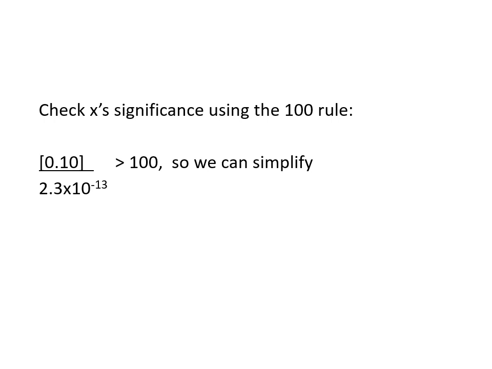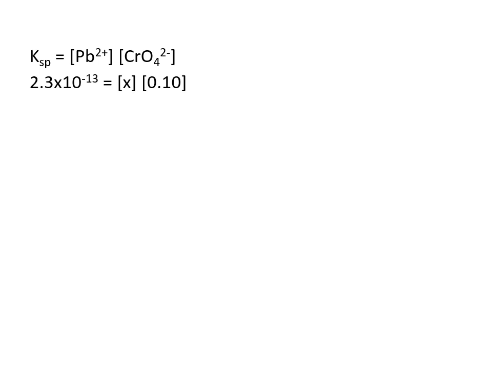We can use the 100 rule to check that: if the concentration divided by the Ksp is over 100, we can simplify. Therefore, we can set up our Ksp expression with just 0.1 instead of 0.1 minus x, because x is going to be really small when compared to 0.1. Let's just ignore it. It's not going to make much of a difference.